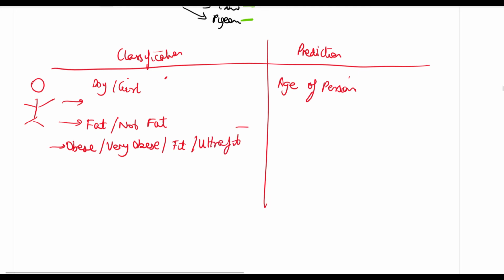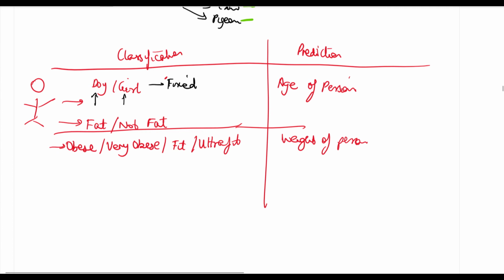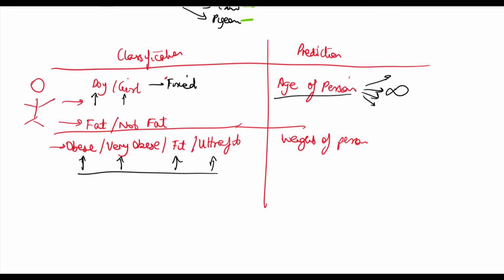And you try and predict the weight of the person. So in the case where it was a boy or a girl, you had a fixed number of variations. In the case where it was the age of the person, you had an unlimited, infinite number of variations. In the case where we had obese, very obese, fit, ultra fit, these are fixed number of variations, so there are fixed number of classes. Whereas the weight of the person, again you have infinite number of variations here.